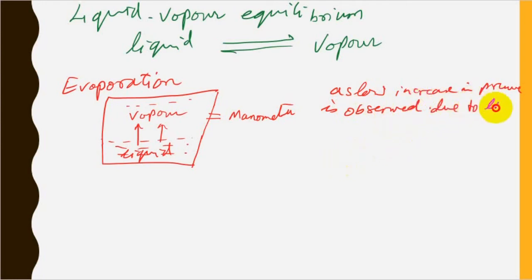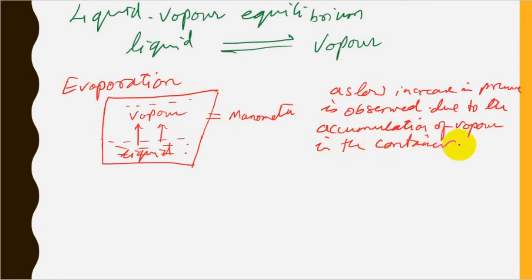Due to the accumulation of vapor in the container. So whatever container is there, slowly these vapors are being accumulated. So the pressure inside will slowly go on increasing.